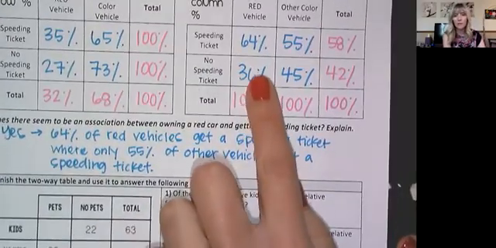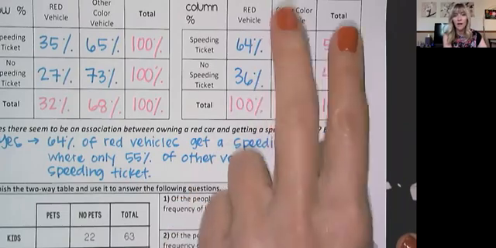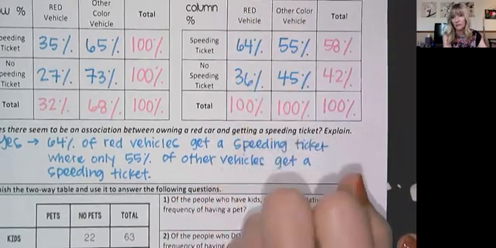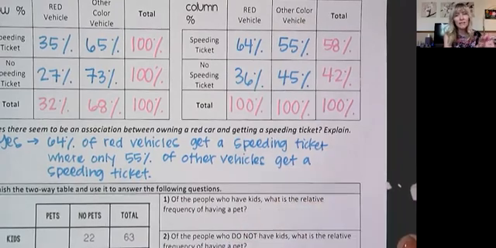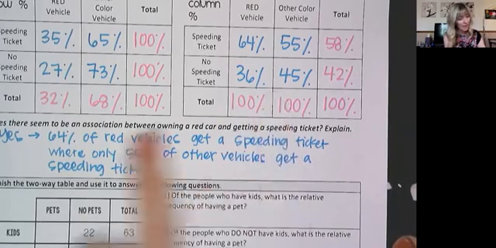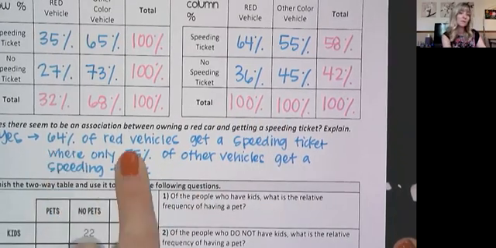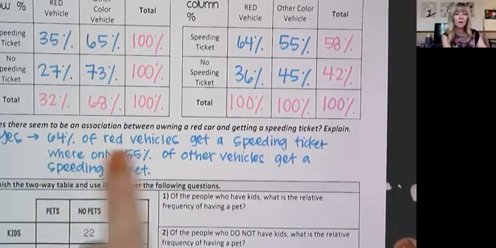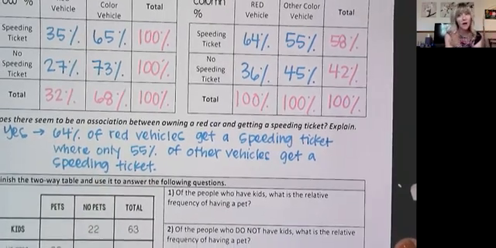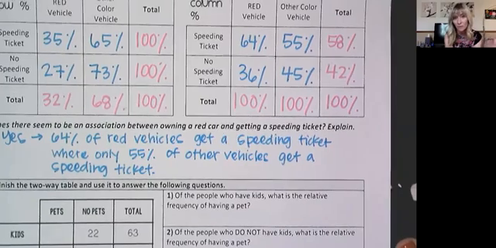I went with this one over here, which is more a question of the people who have red vehicles, who's getting speeding tickets. So I wouldn't say there's a huge statistically significant difference here, but 64% of the red vehicles were getting a speeding ticket, where only 55% of the other vehicles, which are all the colors, so that's kind of a lot more categories.